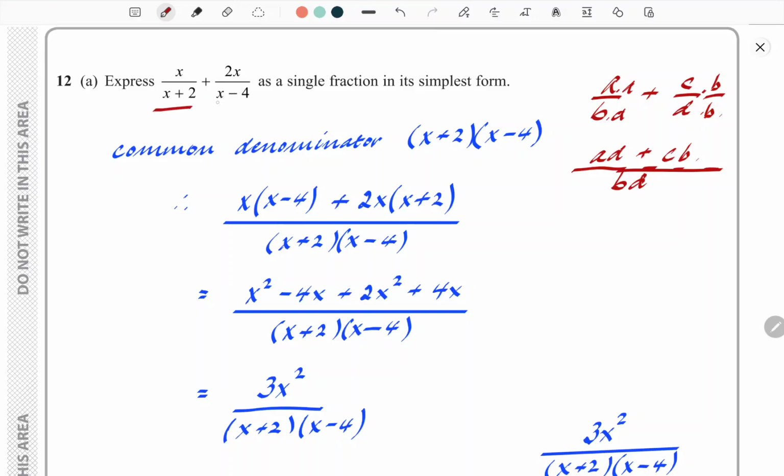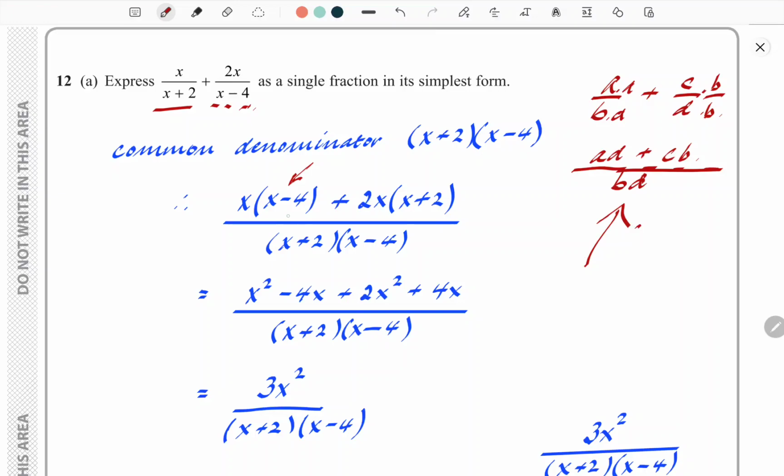So like cross multiplying, x minus 4, so there. And the second fraction, we're going to be multiplying it by the x plus 2 denominator of the first fraction. Okay, hopefully that makes sense. Just refer to this thing here.